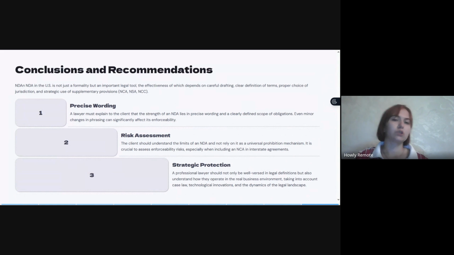A good lawyer should not only know the legal definition, but also understand how NDAs work in a real business situation, considering court cases, technology, and market practices.